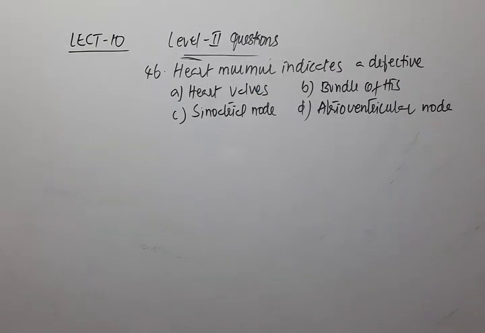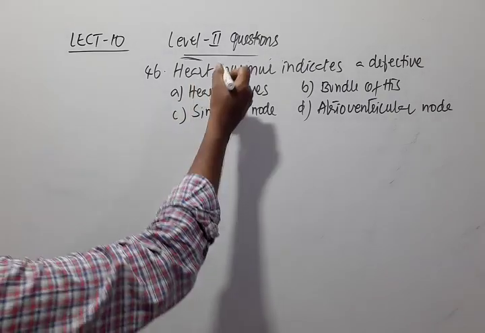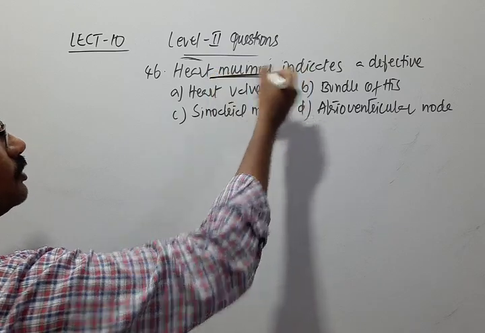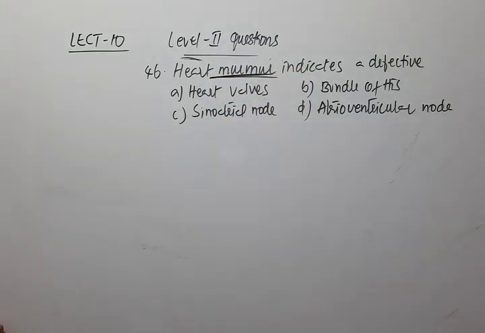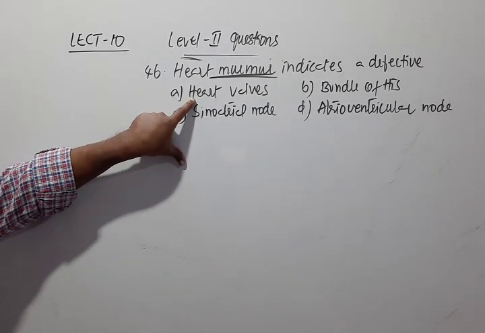The next question: the heart murmur indicates a defective heart wall, bundle of His, sinoatrial node or the atrioventricular node. Heart murmurs are sounds produced during the movement of blood in the heart, and they can be heard with the help of a stethoscope. These murmurs are produced especially when the blood is flowing through defective heart walls.